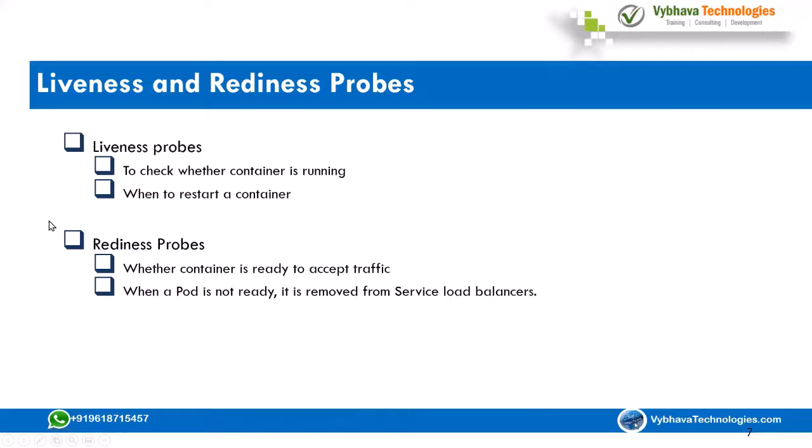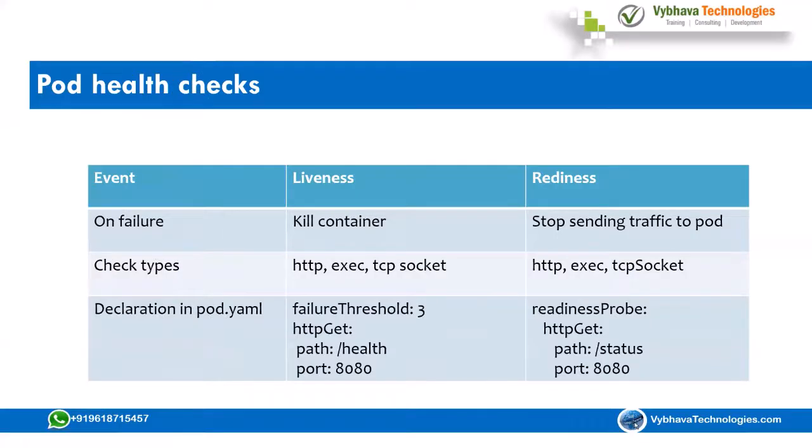Generally, readiness is always at the level of the service definition, the service YAML file, where you tell about the readiness probe definitions. We'll see how that will be accommodated and what conditions it is going to validate. So for the pod health check, when it is checking, there are three important points.